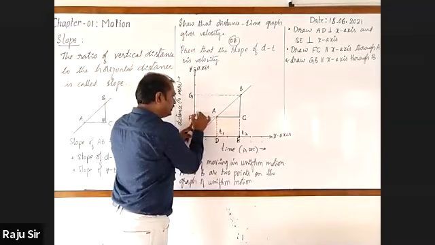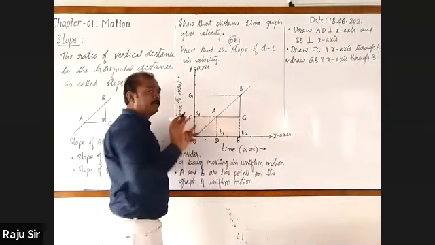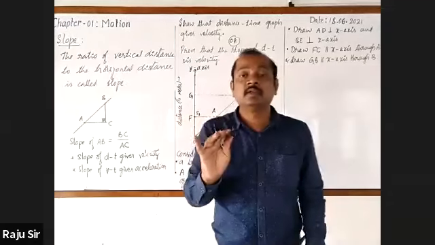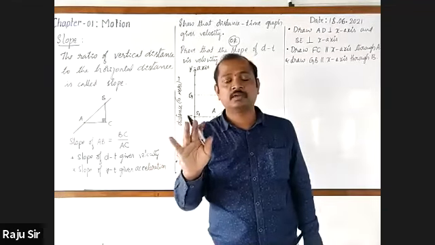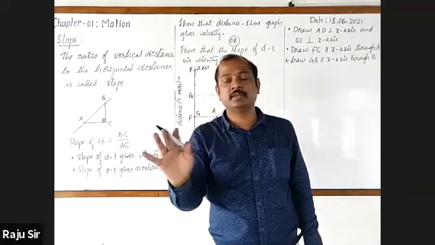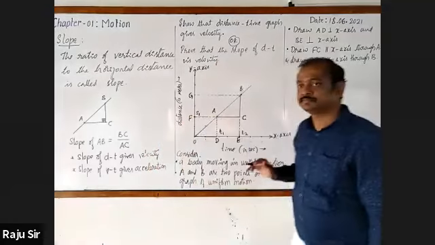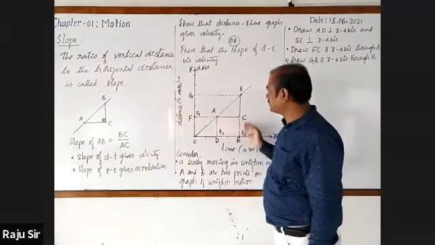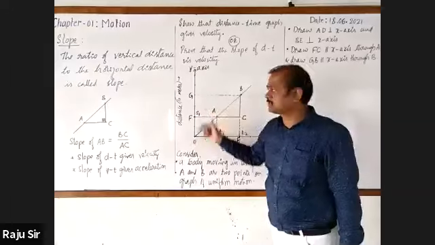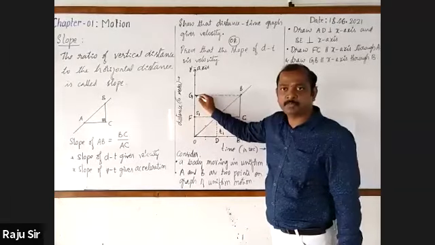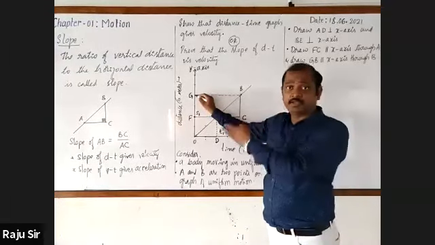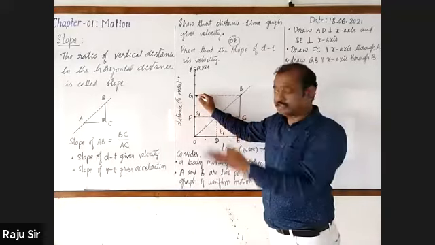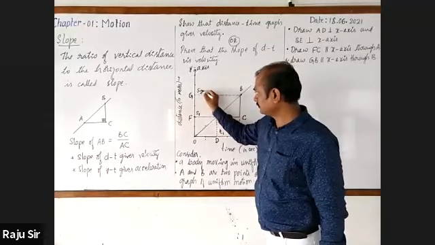In case of graph, we will take distance and displacement as same, and speed and time as same. Next, one more line drawn parallel to x-axis through B. It has intersected the distance axis at a point. We have called that point as G, and the distance covered at G is S2. Clear?